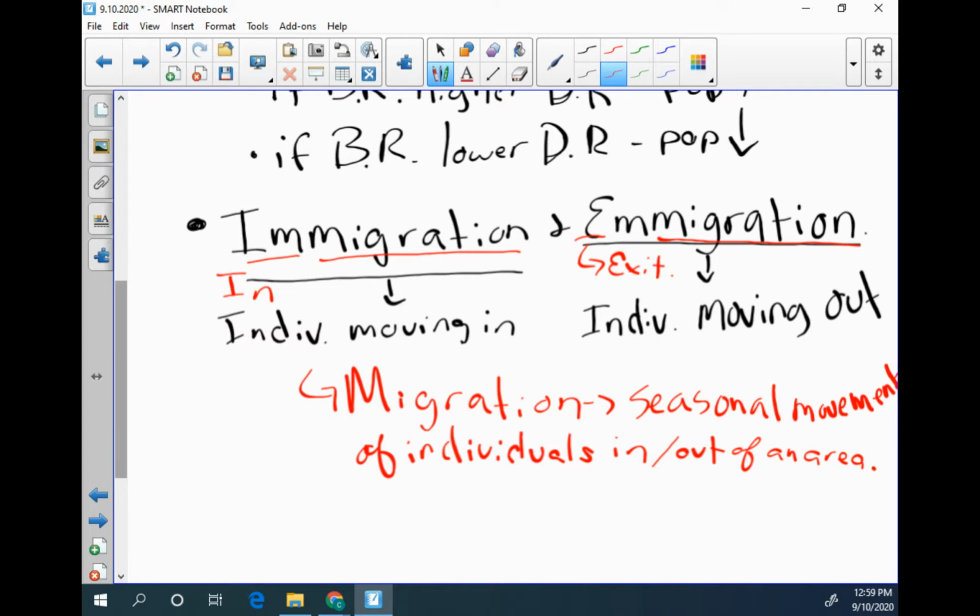In the summer, our population of Canadian geese is much higher than our population of Canadian geese in the winter. So populations can shuffle and fluctuate over the course of a year just based on the seasons.